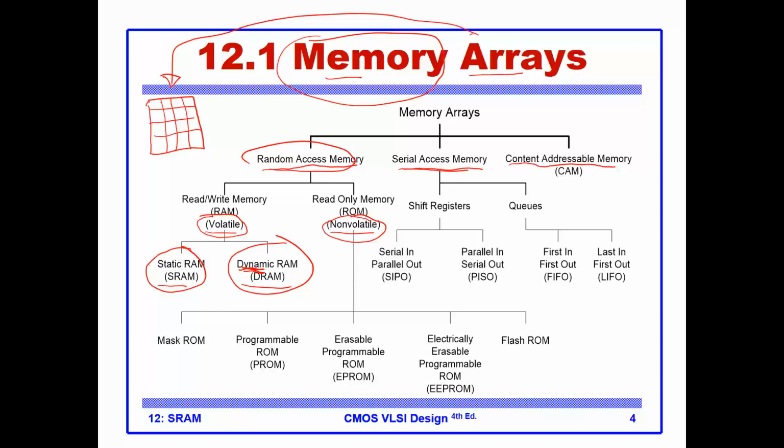Now, the non-volatile memory, on the other hand, implements different technologies. In the earlier days, we had the mask ROM. I'm sorry, ROM stands for read-only memory. In the mask ROM, you create the transistors in a certain pattern where you implement the data.